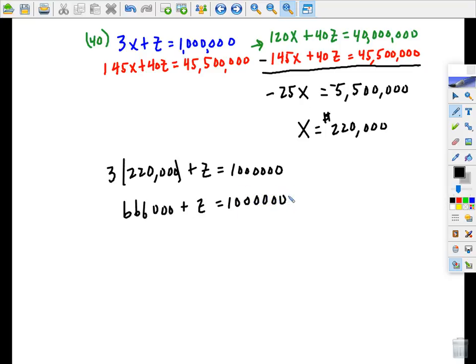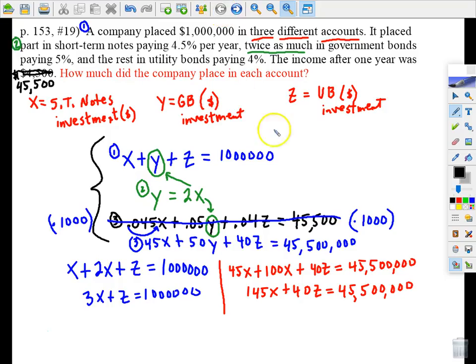And now you just subtract 660,000 from both sides, and you're going to get 340,000 for z. And again, that's dollars. So we invested $340,000 in utility bonds.